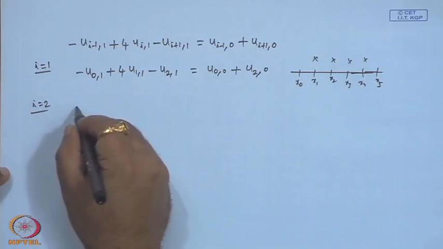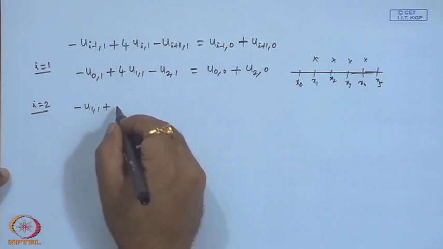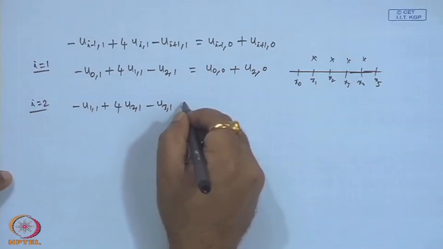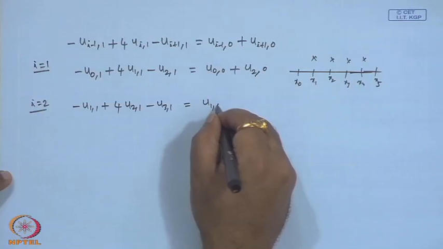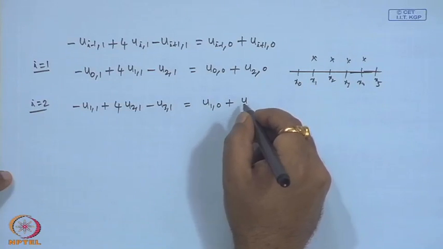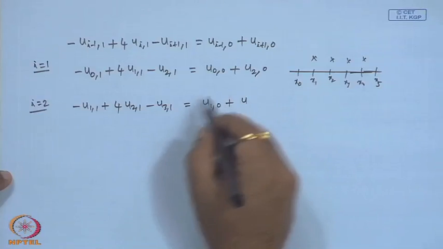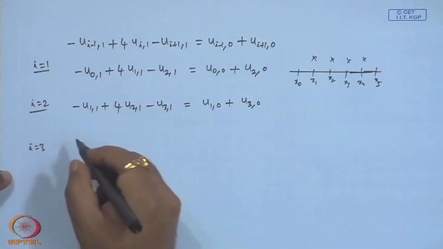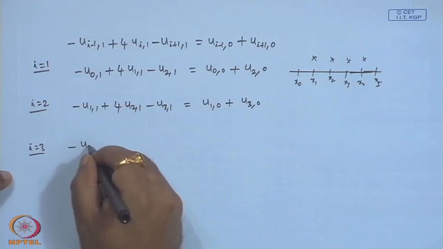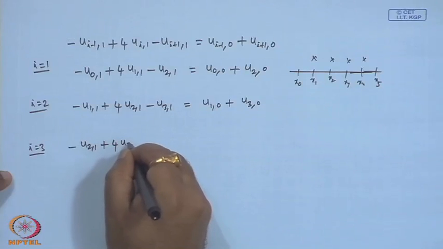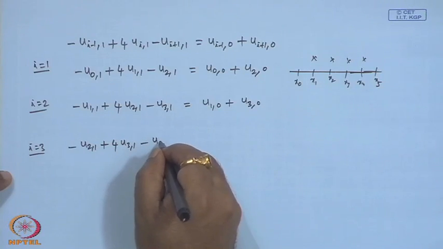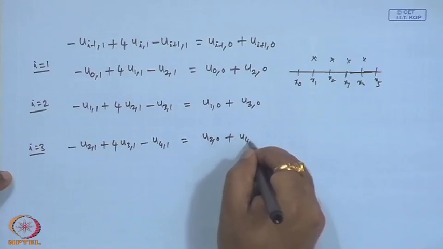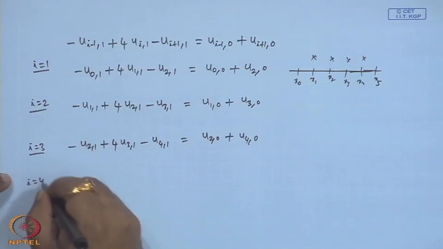So, 1, next one is 2, this will be I 2. So, then I 3, then I 4.